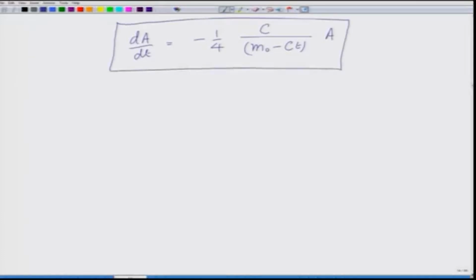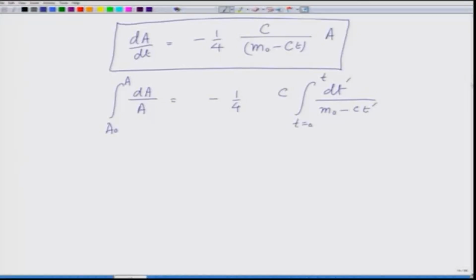Keep in mind again that the leakage rate is very small, and therefore, we have dA over A is equal to minus 1/4 c dt over m naught minus c t. I can integrate this from A0 to A, in time t equal to 0 to some time t, I will make this prime.